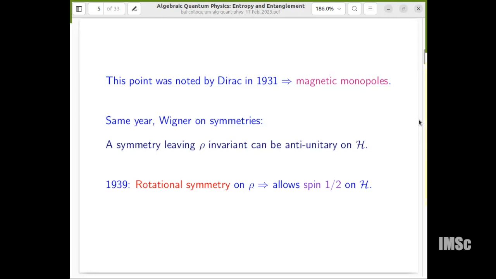For example, Wigner already, starting from the observation that any symmetry in quantum theory need not do anything on wave functions. What it has to do is preserve the state of the system. He started analyzing this. In fact, that analysis is highly epistemological. He's analyzing what kind of activity will preserve probabilities.